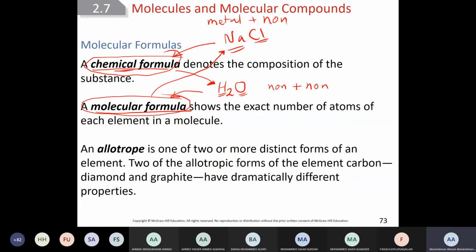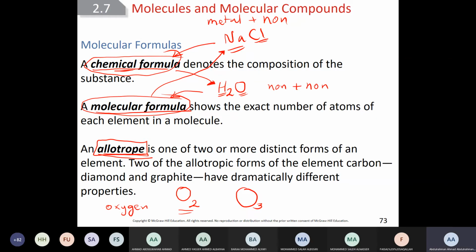I want to introduce something else. Allotropes. What's the meaning of allotropes? Very important one. I want you to memorize it. Allotropes: if we have one compound consisting of one element only, like O2 and O3. This one is called oxygen gas.